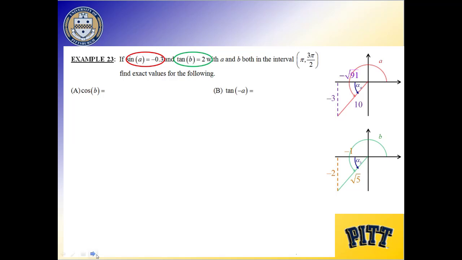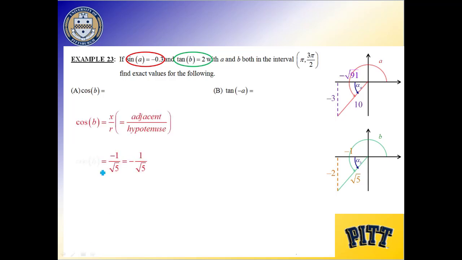Okay, so I see where B is. The cosine of B is pretty easy. I'm looking at that reference triangle down there, which is a right triangle. I didn't draw a little right angle symbol in there, but I'm just going to do x over r and get negative 1 over the square root of 5.